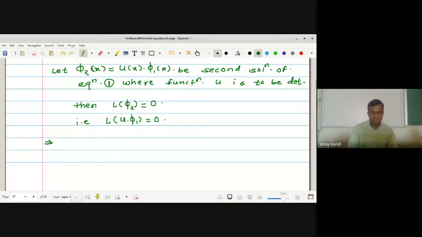Which implies that u into phi 1 satisfies the second order homogeneous equation, which is u into phi 1 double dash plus a1 of x into the bracket u into phi 1, bracket dash, plus a2 of x into u into phi 1, which is equal to 0.